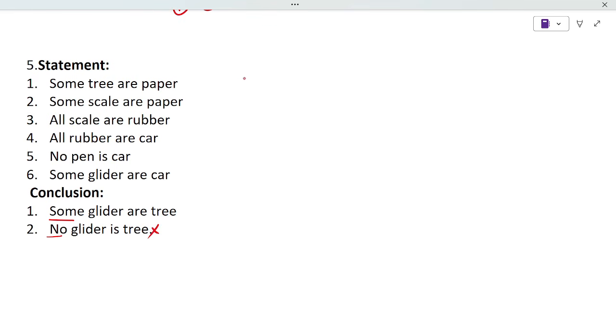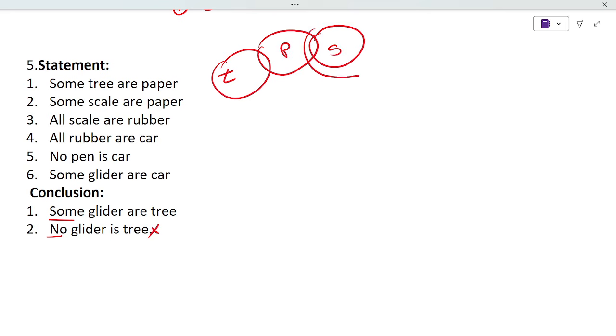So here, statement 1 to 6. Let's try to make the diagram first. Some trees are paper. Some scale are paper. All scale are rubber, and all rubber are car. No pen is car.